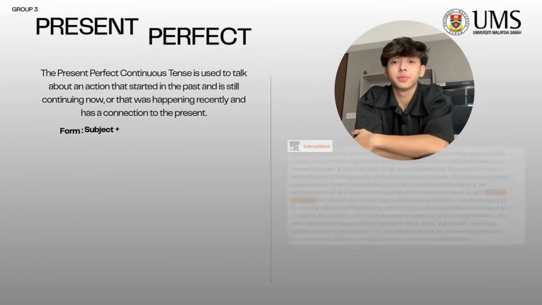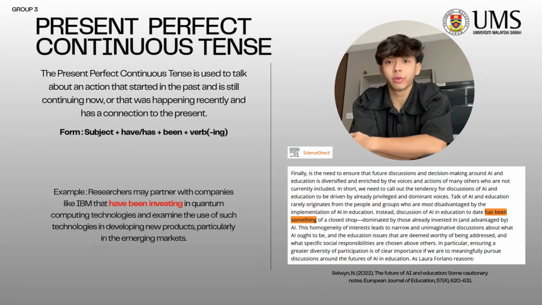Okay. Hello. So I'm going to continue with the present perfect continuous tense. It is used to talk about an action that started in the past and is still continuing now, or that was happening recently and has a connection to the present. The form is subject plus have or has plus been and a verb with ing.